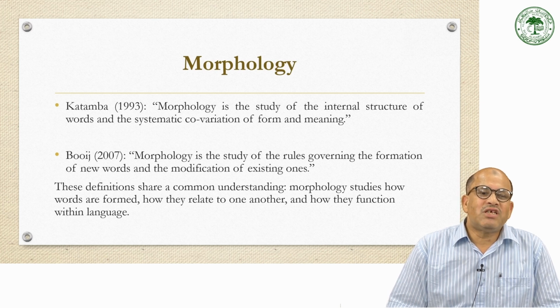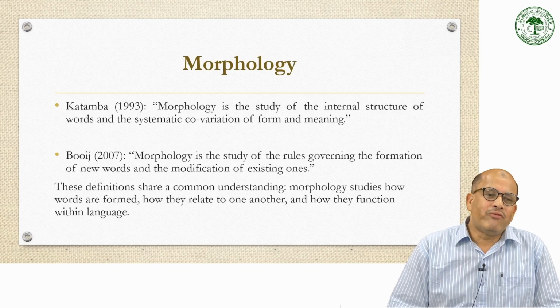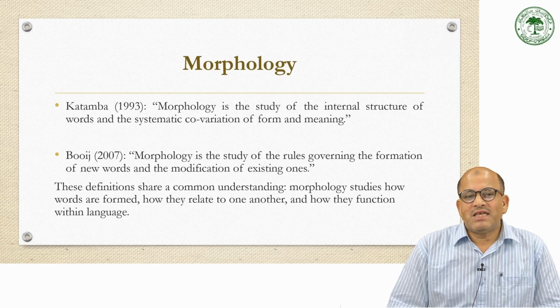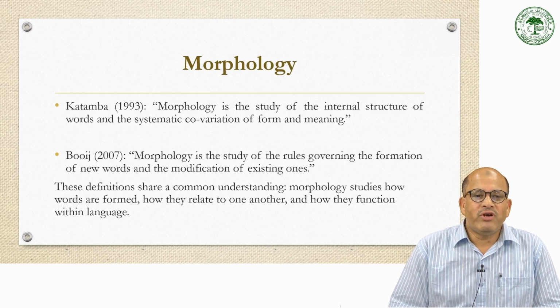This definition by Katamba clearly reflects that we look for the internal structure of words, how the words are formed and how they convey meaning. Wooji defined morphology as the study of the rules governing the formation of new words and modification of existing ones. So these are the definitions by scholars.